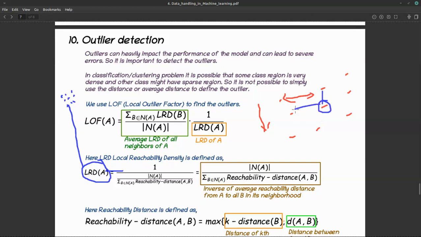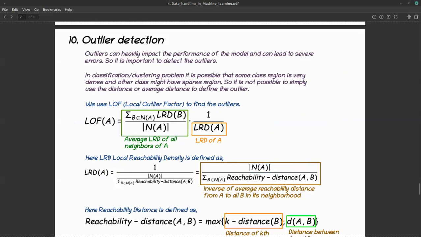I will take, let's say, 5 neighbors, and calculate the sum of all the reachability distances, divided by the number of neighbors. This is the mode of Na, that is nothing but the number of neighbors. So let's say the number of neighbors is 5. So it is the reciprocal of average distance, right? It's the inverse of average reachability distance.